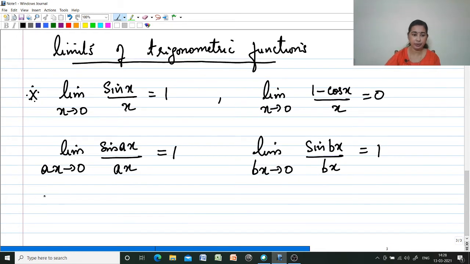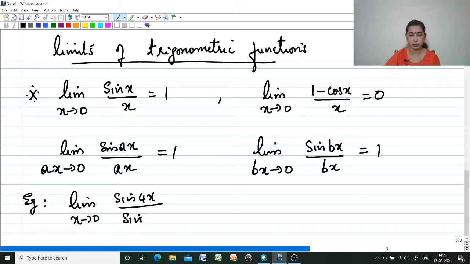Now we'll do a few example questions. Limit x tends to 0, sin 4x divided by sin 2x. It is not in the standard form, so we can't apply the standard result directly here. If it is 4x in the numerator, then 4x should be there in the denominator also.